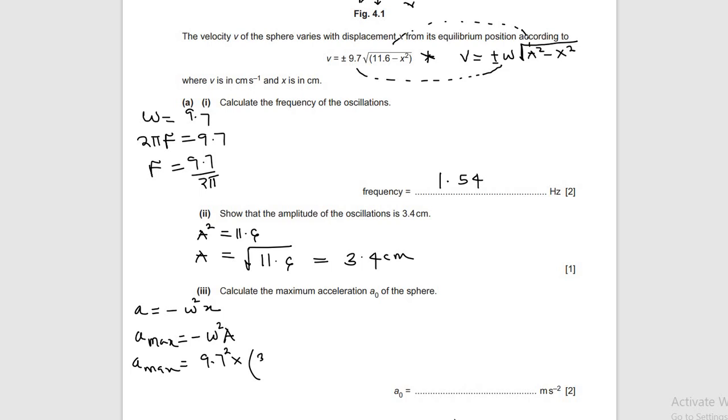Take it to meters, 3.4 divided by 100. So our acceleration is 9.7 squared multiplied by 3.4 divided by 100, which is 0.034. So the maximum acceleration is 3.2 meters per second squared.